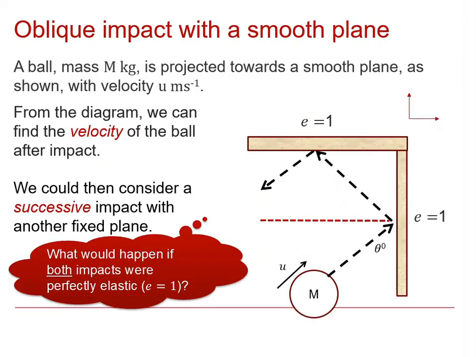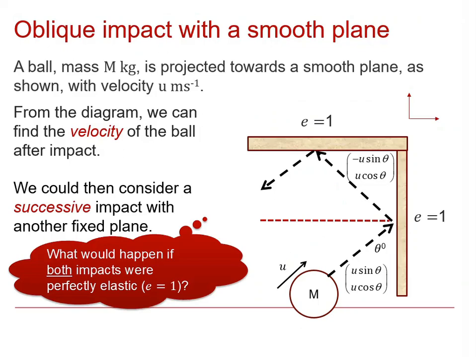If we do that again, we'll get the final velocity, but first let's just step aside and ask what happens if the coefficient of restitution is equal to 1. In that case what we've got will be just the same to start with, but in the second case we can replace the e by minus 1.